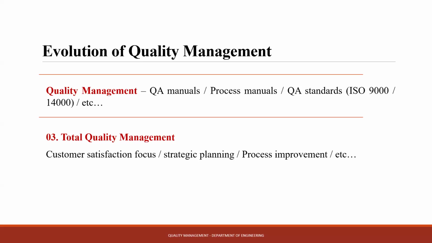It is actually a comprehensive process, right? This approach involves continuous effort and continuous improvement. It focuses on continuous improvement while focusing more on customer satisfaction, and while enhancing employee engagement.